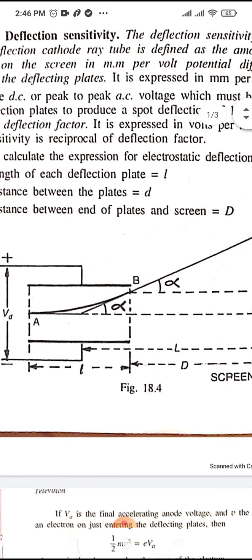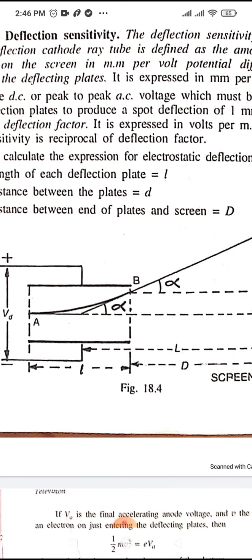So d1 is equal to 0 plus half of at square. By substituting the value of acceleration, we get the expression for d1, which is equal to e by 2 Ed l square by m v square d.